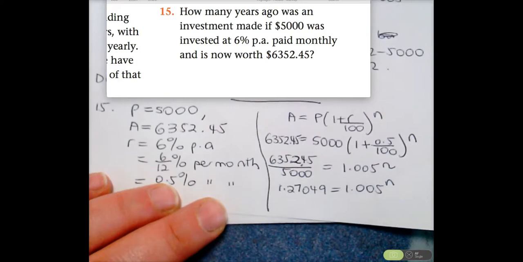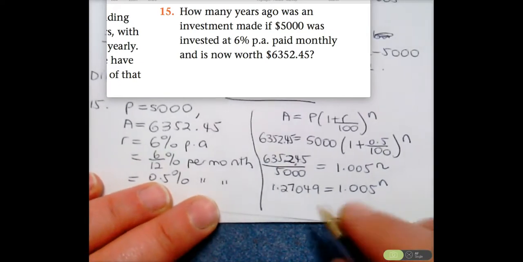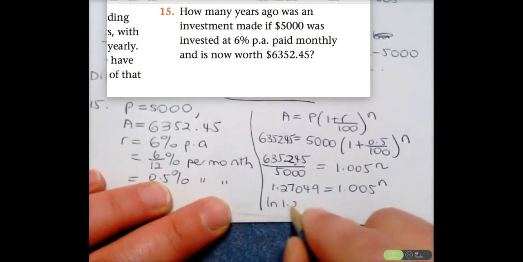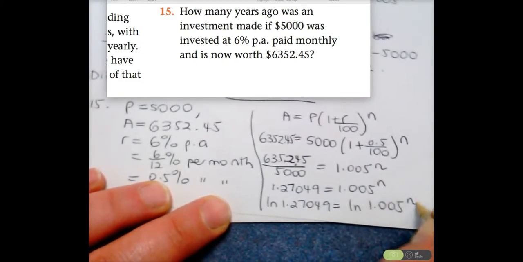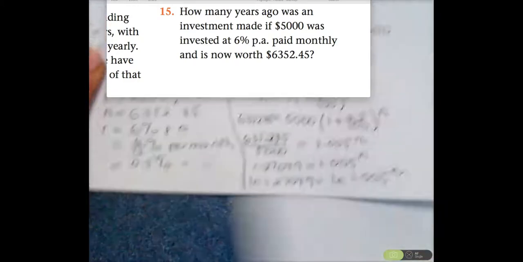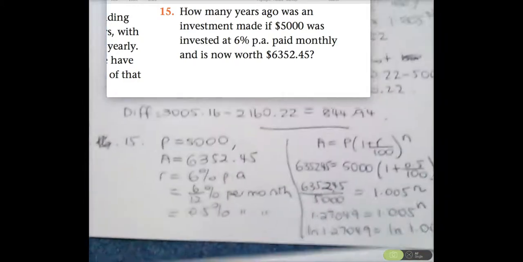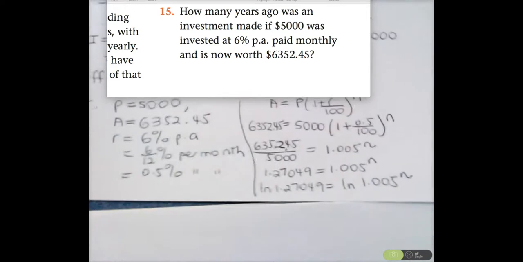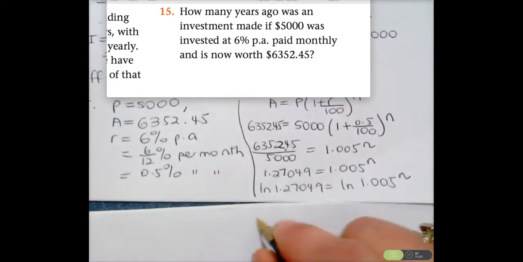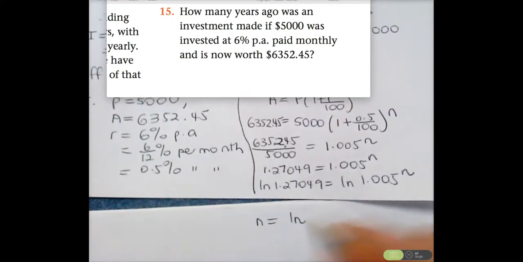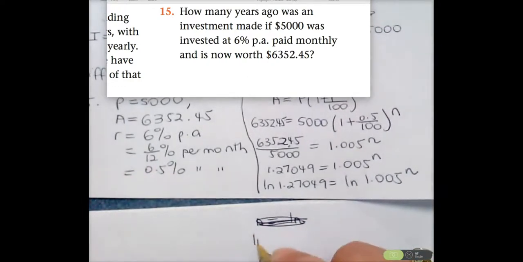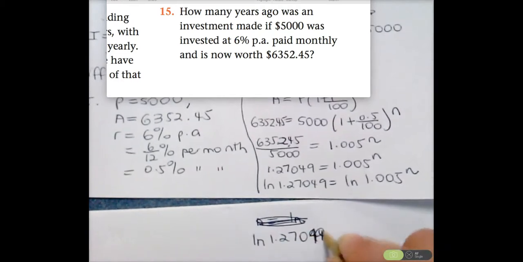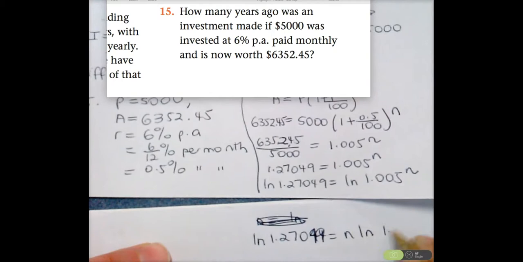Now, what are we going to do? Take log of both sides and bring the n to the front. So therefore, ln 1.27049 equals ln 1.005 to the power of n. And we just keep going. So therefore, ln 1.27049 equals n ln 1.005.